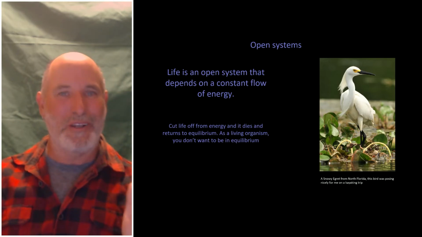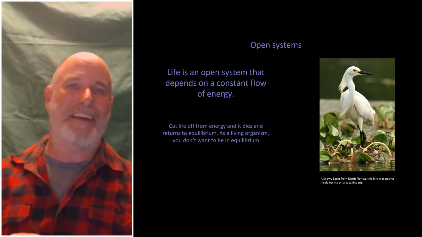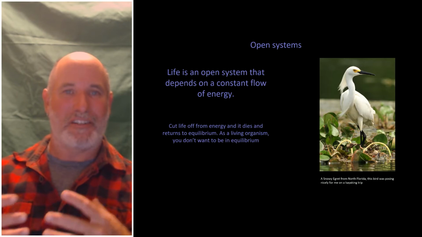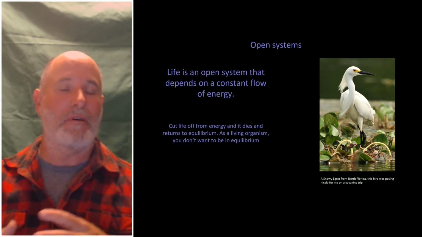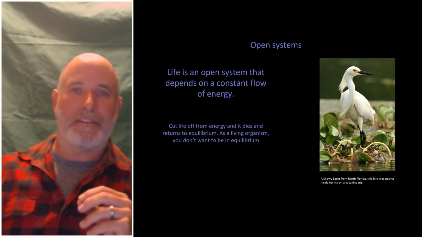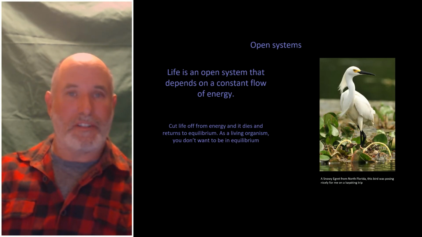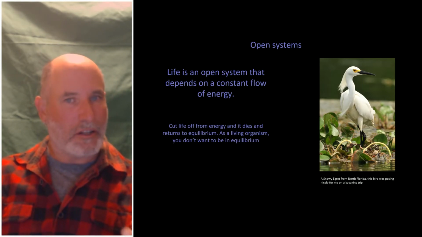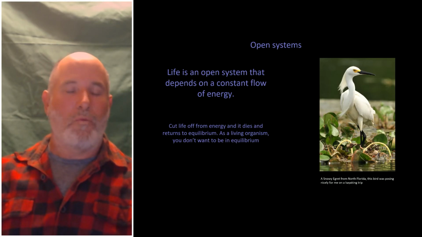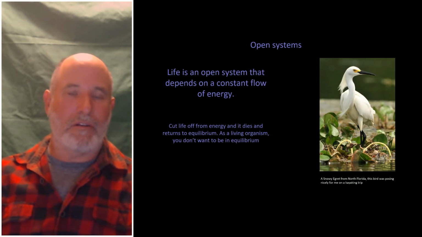It was really posing for me when I was kayaking a few years ago. The snowy egret is a bird, a living organism. It is also a system made up of many cells, and it is an open system with a constant supply of energy. That's important because if you cut life off from energy, as I said earlier, life dies. Life will decay toward equilibrium.